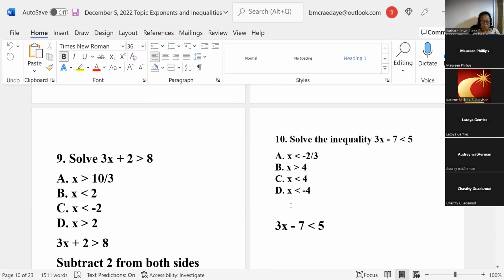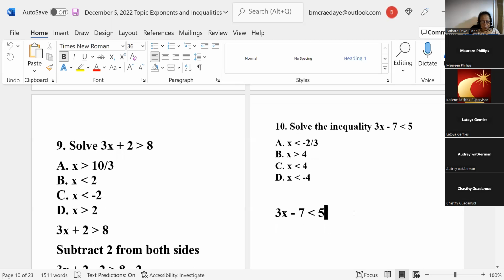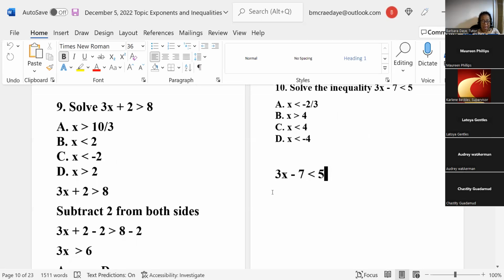You have a -7 and you have a 5. How do you get the 7 over on the side with the 5? You add 7 to both sides. That's right. Very good. So add 7 to both sides.